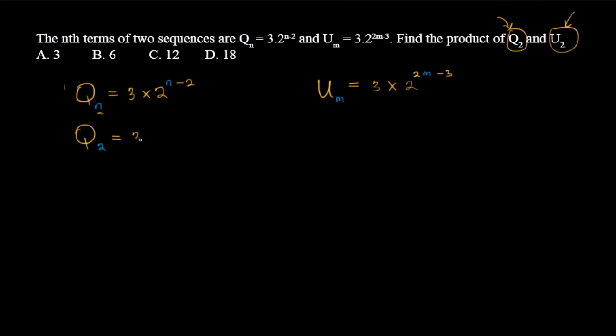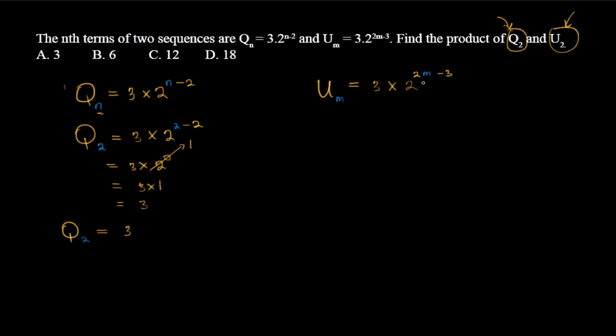So you have 3 times 2 to the power 2 minus 2. 2 minus 2 is 0, and 2 to the power 0 is 1. So we have 3 times 1, which is 3. In other words, q sub 2 equals 3.